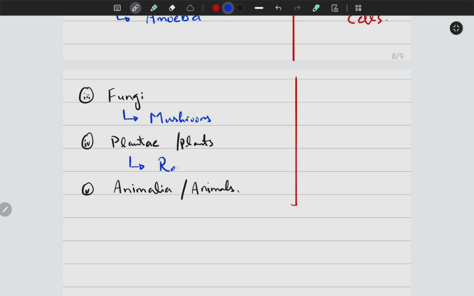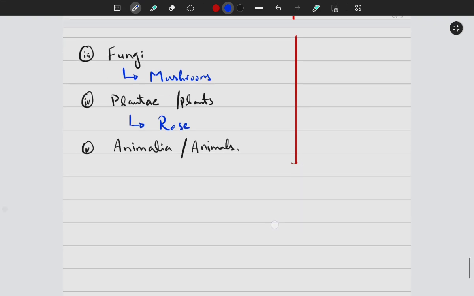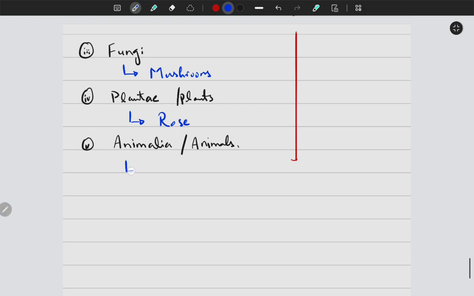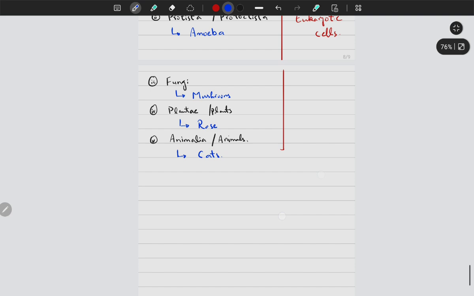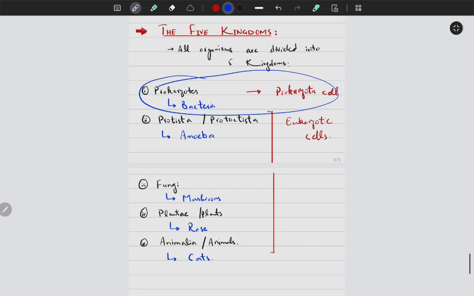Roses, or petunia, sunflower, apple, any fruit related plant. Animals, like cats, etc. So all of these are eukaryotes. Only the first kingdom contains prokaryotes without nucleus. Bacteria. So that's the thing that you need to keep in mind.